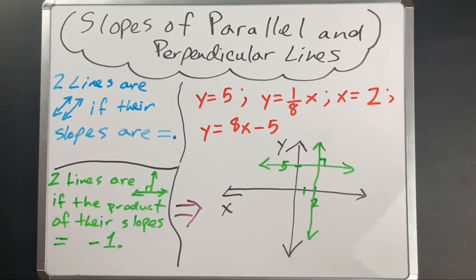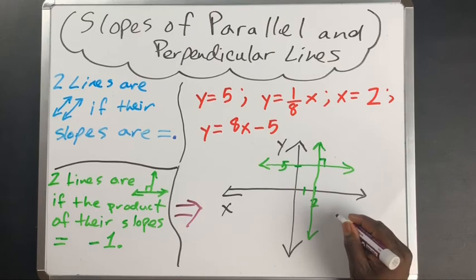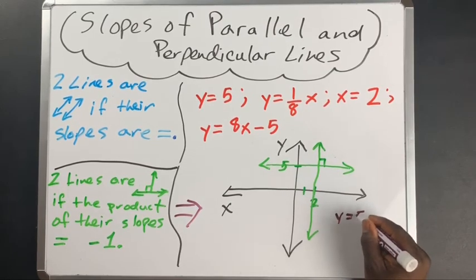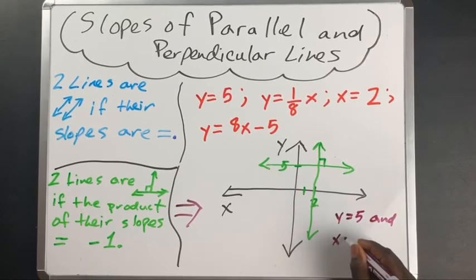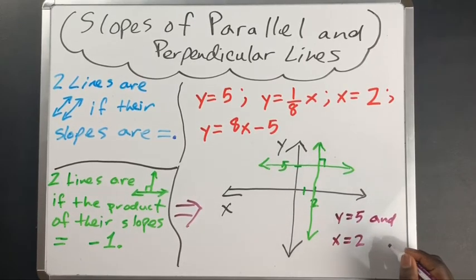So what does that mean? What that means is that we have our final answer, and we can write it right down here in the corner: y equals 5 and x equals 2 are what? Perpendicular.